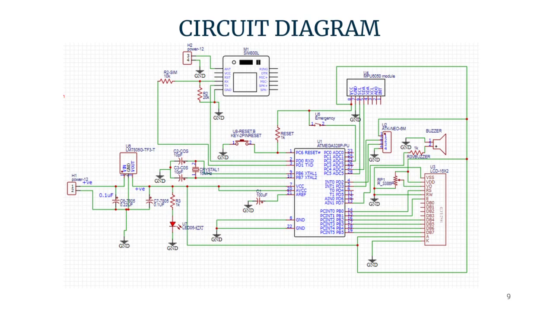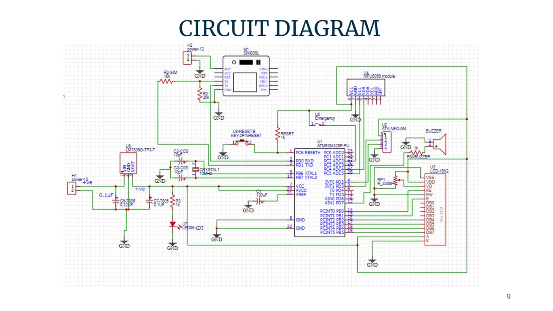We are using a crystal oscillator that can provide 16 megahertz of frequency. The GSM module alone needs about a maximum of 4 volts and 2 amperes, so we are using a buck converter to give a separate power supply to the GSM module.